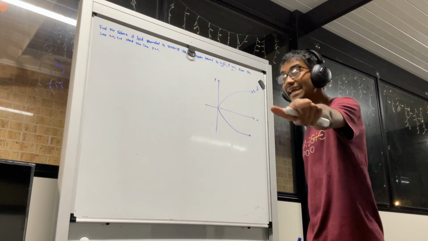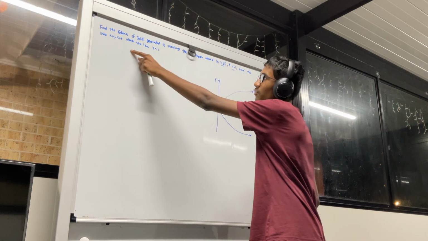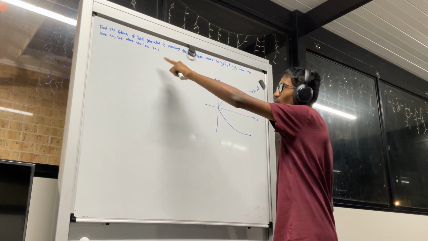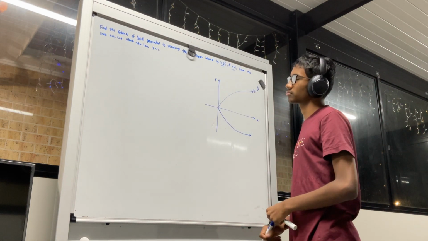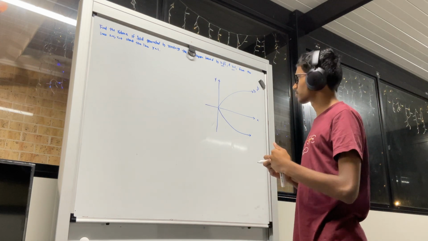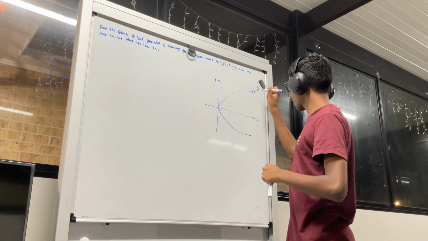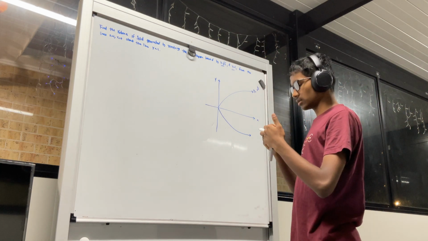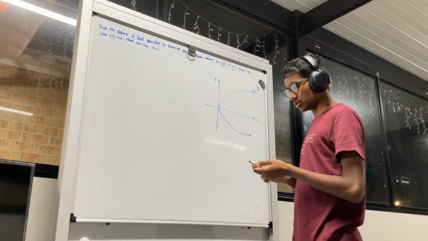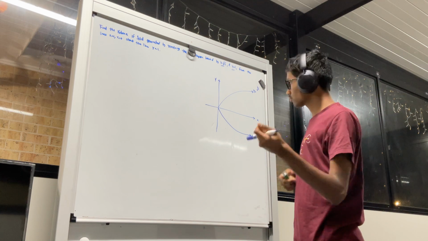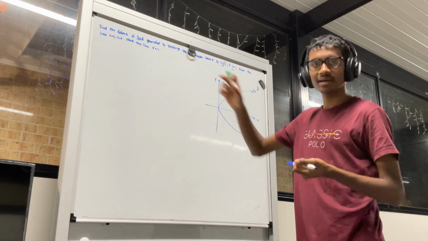Because remember, you're revolving it around the line y equals 1. Okay. So now, you've written y equals root x. Now, what you need to do is about the line y equals 1.